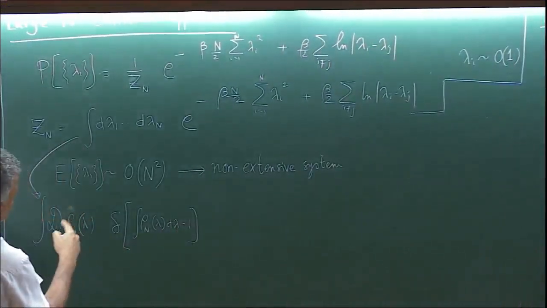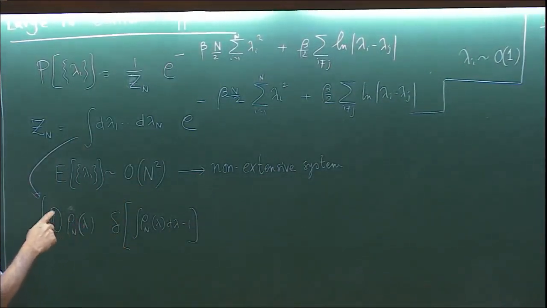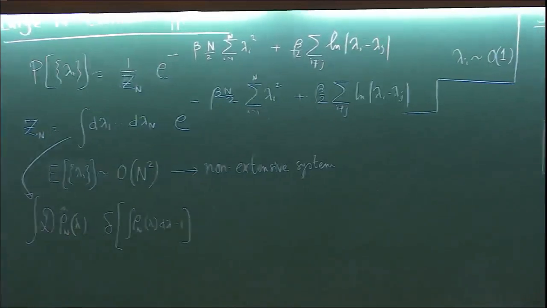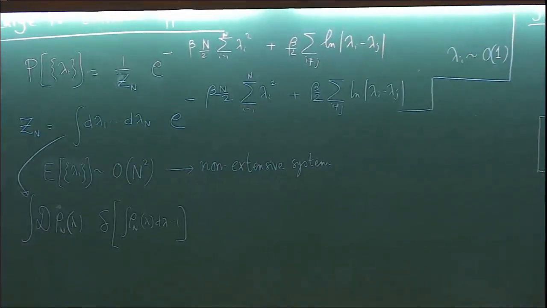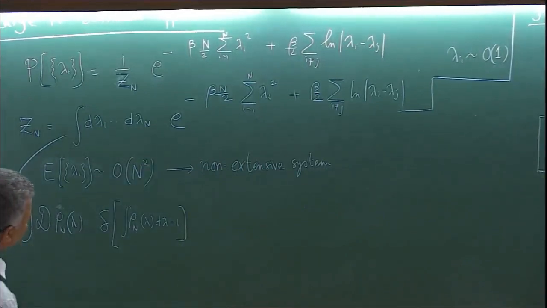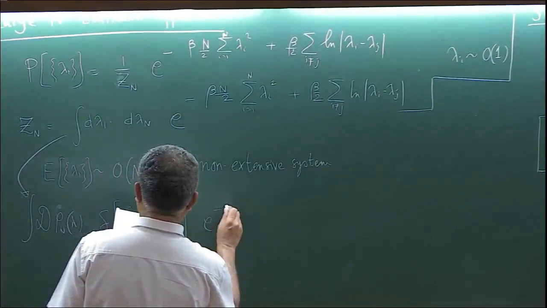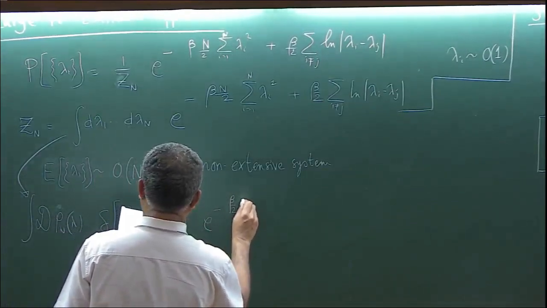So this is the second step, summing over all possible density profiles, and this D means functional integral. That means you think of all possible functions here. And all these functions have to satisfy the normalization constraint, so there's a delta function. And then I have e to the power minus beta.